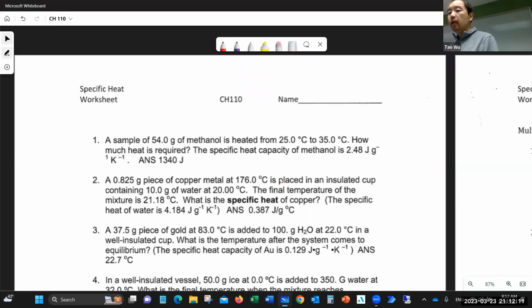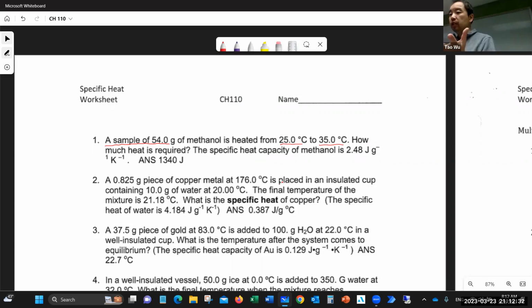It talks about a sample of 54 grams of methanol heated from 25 Celsius to 35 Celsius. How much heat is required? We change the temperature of this object, so it definitely needs to absorb heat to raise the temperature.